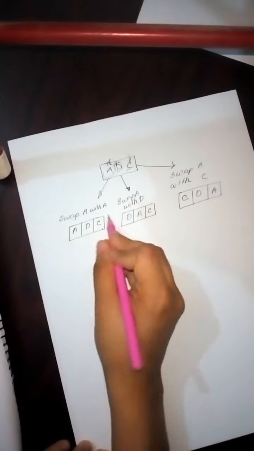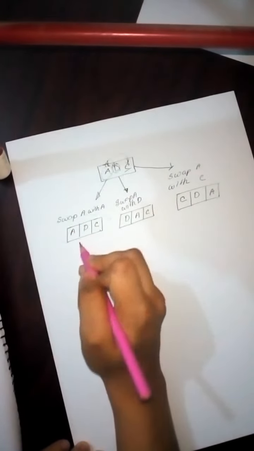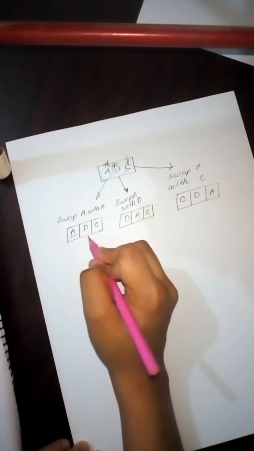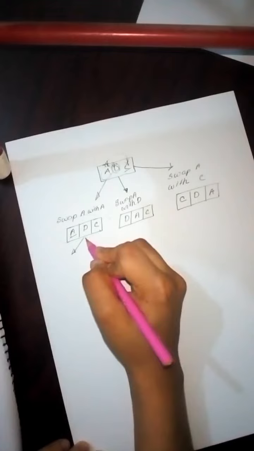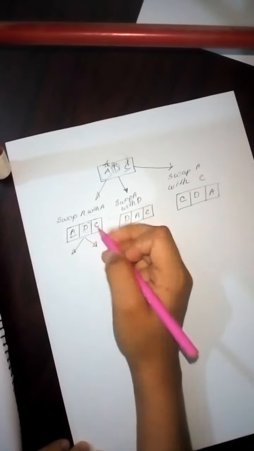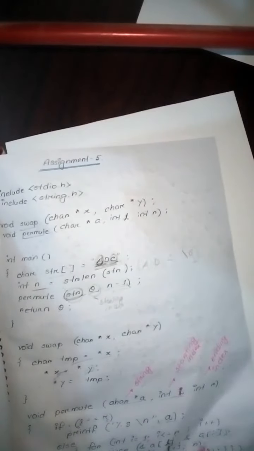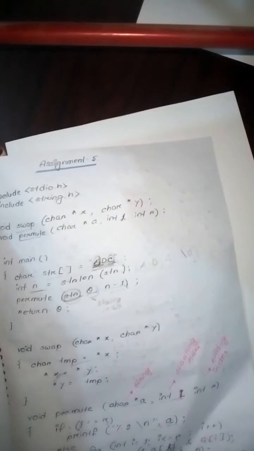Again, in this case, first of all, we are going to keep this A fixed, and then we are going to make changes with this D. First of all, I am going to change inside the code. We can see here it is written that after that permutation we will iterate to the second position, and then we will start permuting again through the swap function.